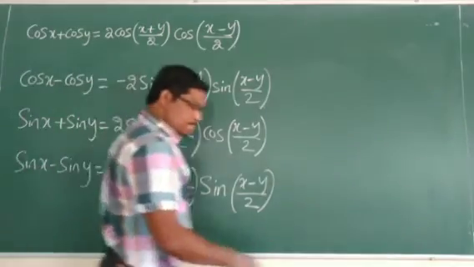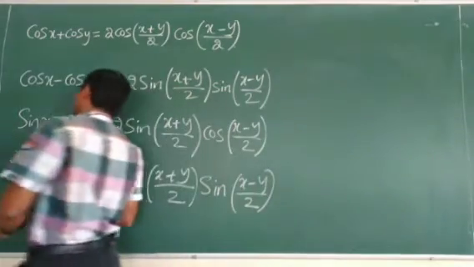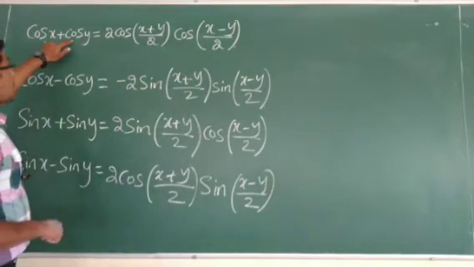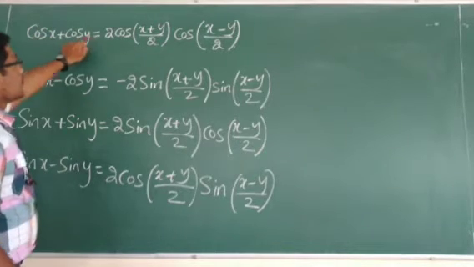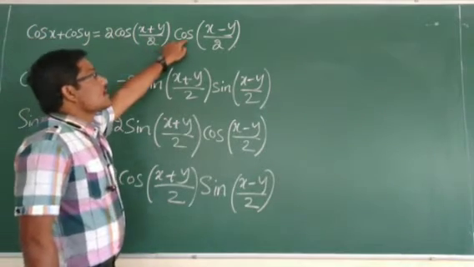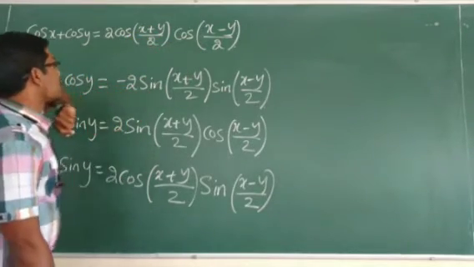So here these are the formulas. As you can see, when you have cos plus cos, here we have 2 cos, here also cos, and it is x plus y by 2, x minus y by 2.